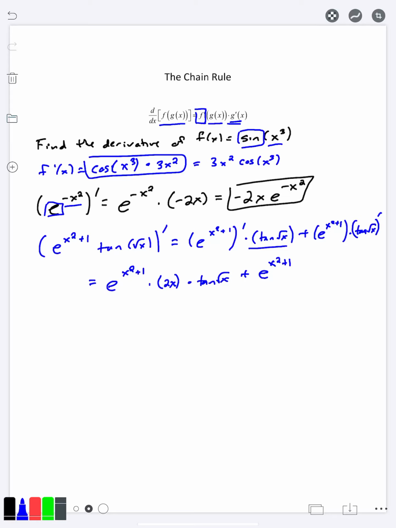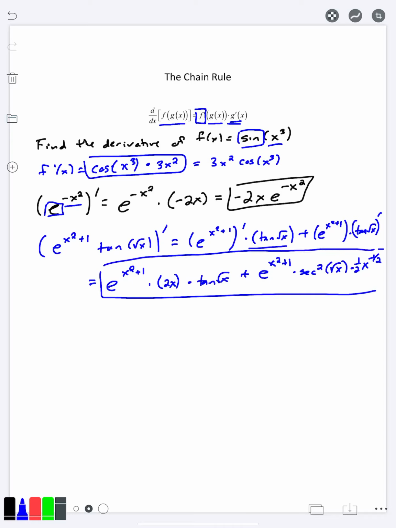So that's tangent of something. Tangent of something goes to secant squared of the same thing times the derivative of what's inside. And we saw way back in the previous video the derivative of square root of x is x to the 1/2, so it's going to be 1/2 x to the negative 1/2. And again, I would not recommend trying to simplify this. I mean, maybe you could factor out the e to the x squared plus 1, but other than that, I would just leave it at that point.